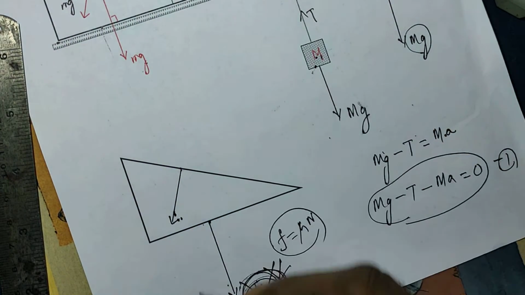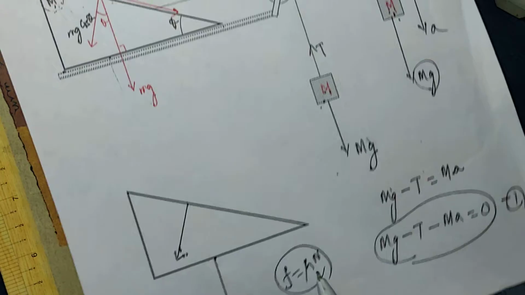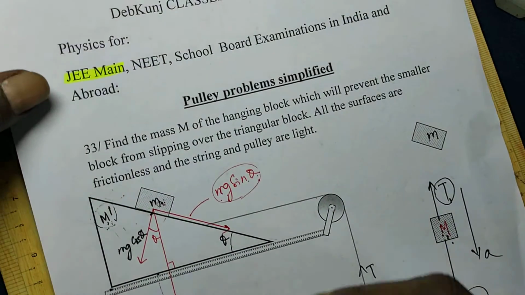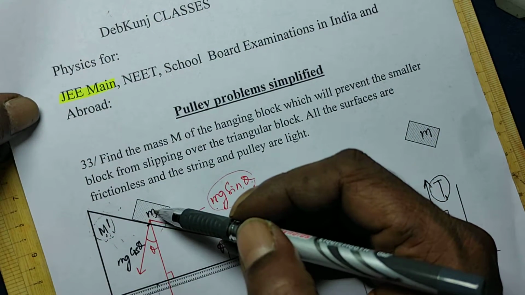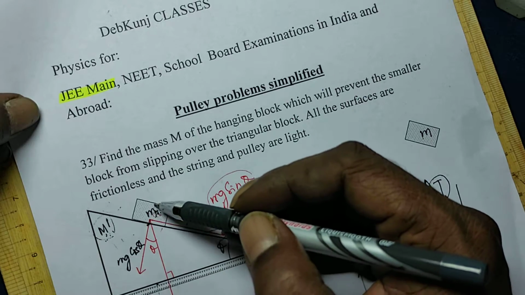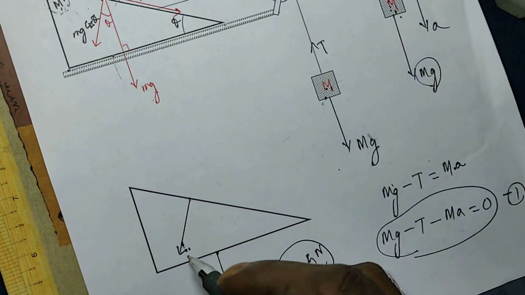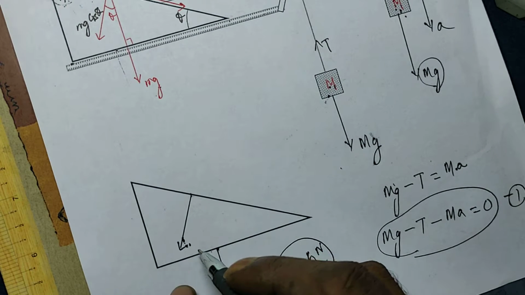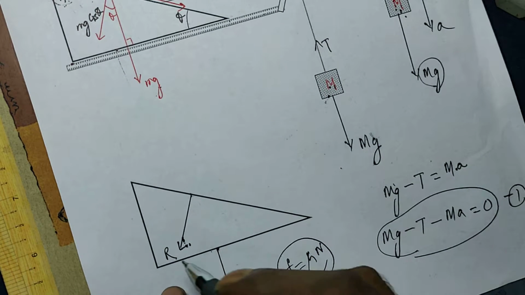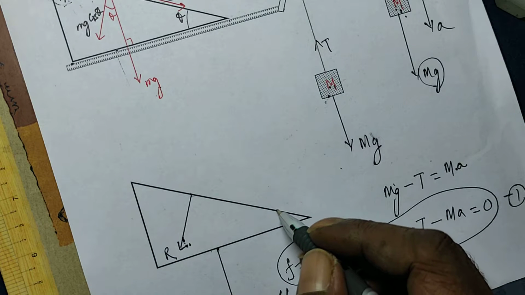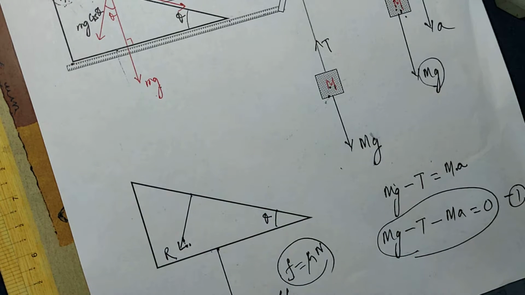The same reaction force will be applied on this mass M towards this side. Since both are equal, let me take it as R.